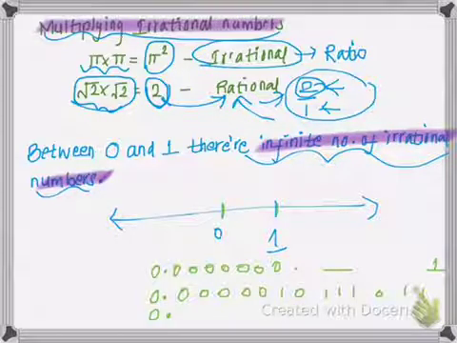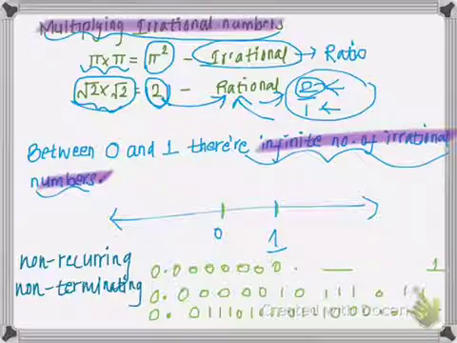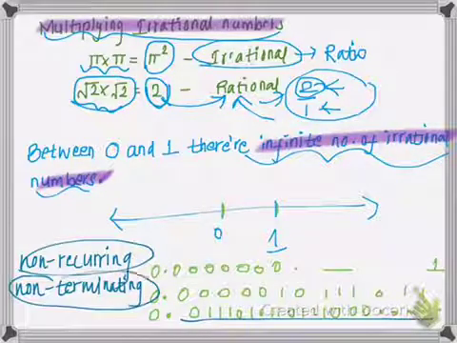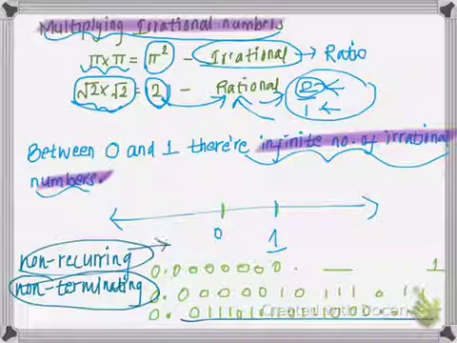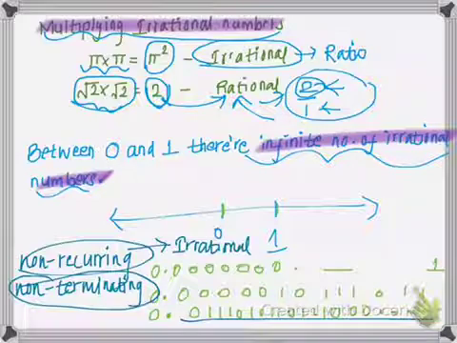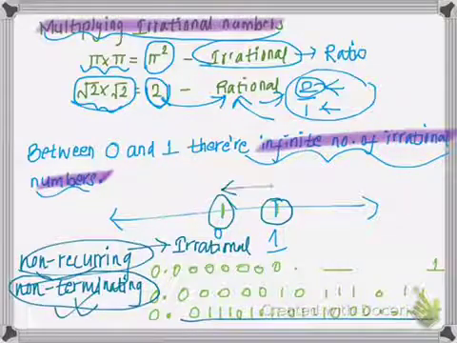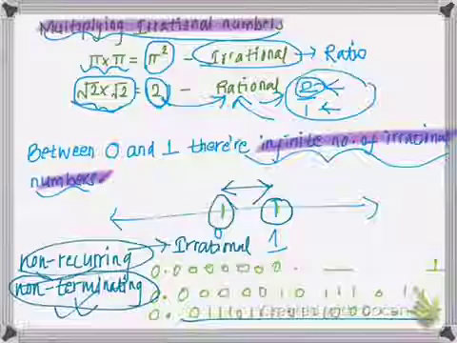There are infinitely many numbers between 0 and 1 which are of non-recurring pattern, and if the decimals are non-recurring and non-terminating, then of course it is an irrational number. So we can find infinite numbers of this type between 0 and 1.